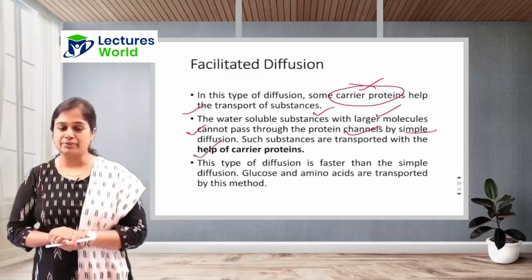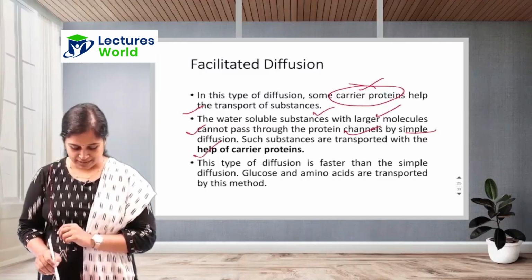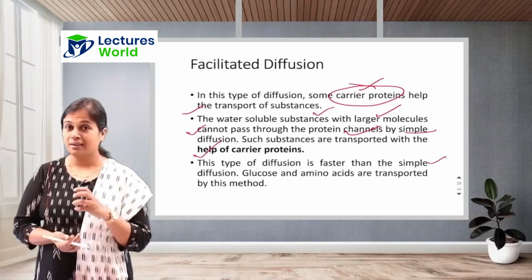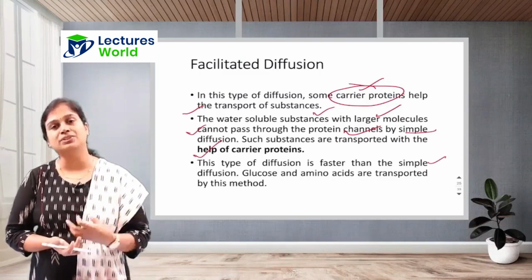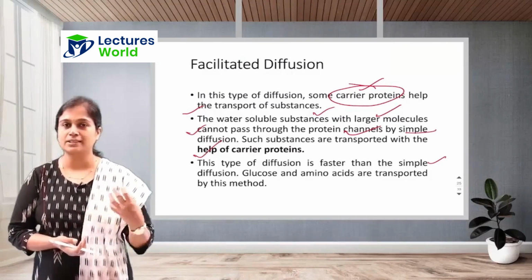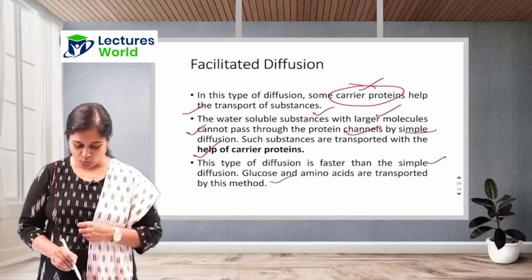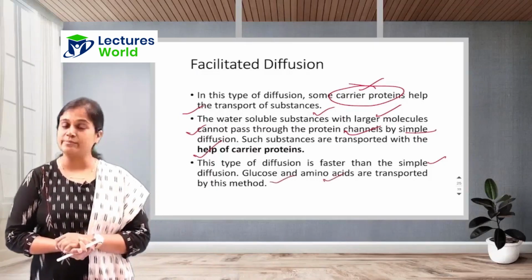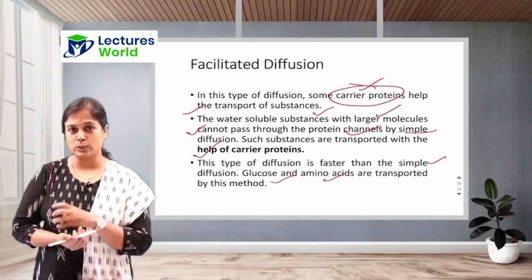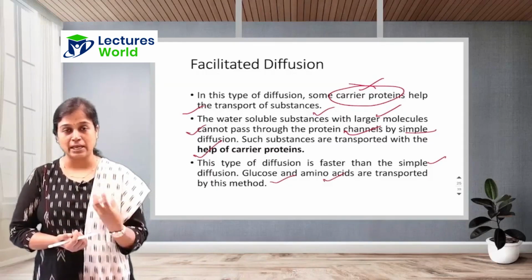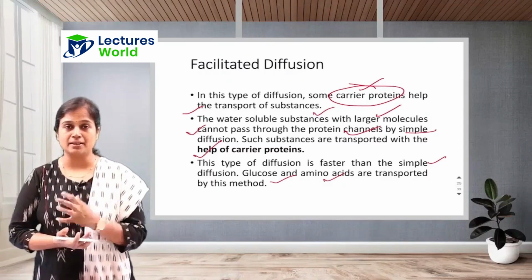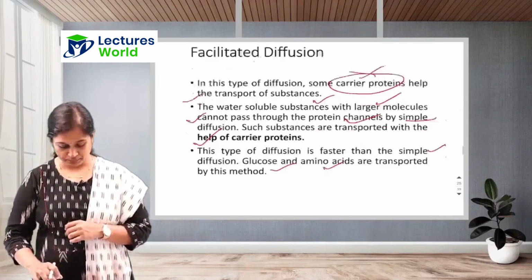This diffusion is faster than simple diffusion. Glucose and amino acids are transported by this method, as glucose and amino acid molecules are large enough. So that's why they need the carrier protein.